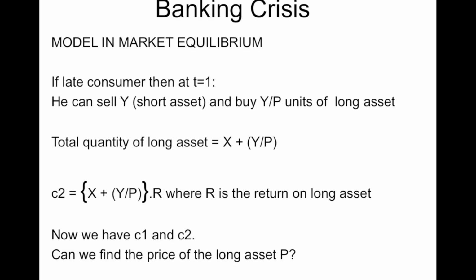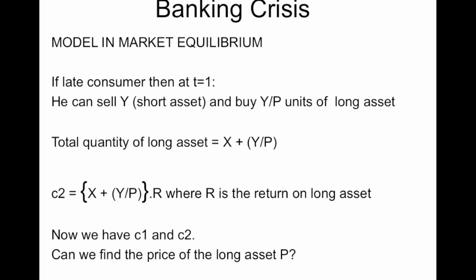Now if he's a late consumer, then at t is equal to 1, he realizes that he doesn't need the short asset because he's going to consume at time t is equal to 2, not t is equal to 1. So he tries to sell his short asset, which is selling y, and he buys y divided by p units of long asset because the long asset is trading at price p. So the total quantity of long asset that he now has is x plus y divided by p.